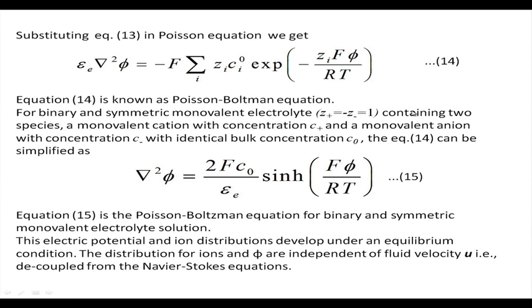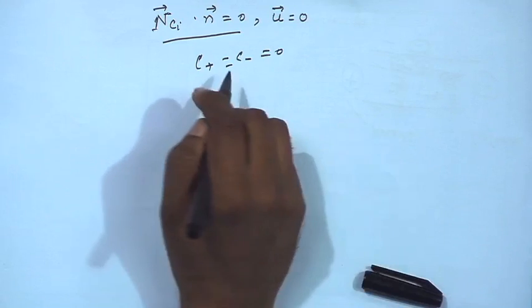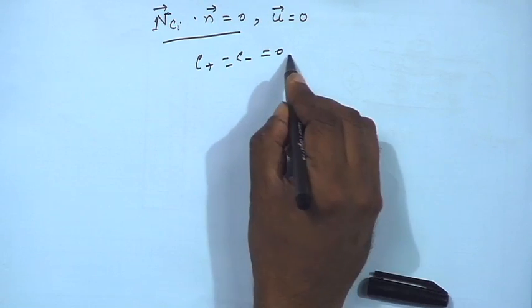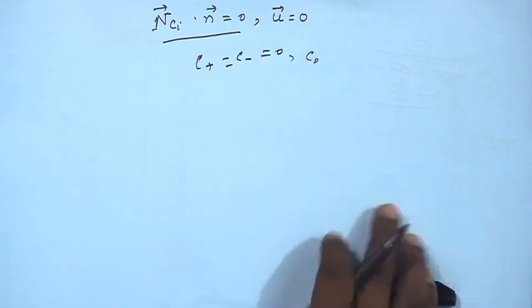So, it contains two species, a monovalent cation with concentration C plus and a monovalent anion with concentration C minus, with identical bulk concentration, because if we assume the bulk electroneutrality, what we should have is C plus minus C minus equal to 0. So, you have this. Okay. So, C0 is the bulk concentration if I assume.